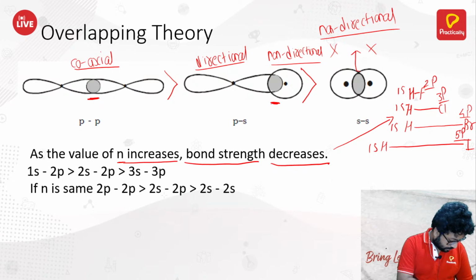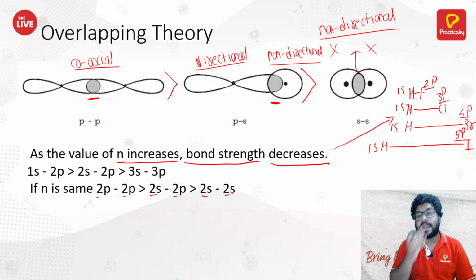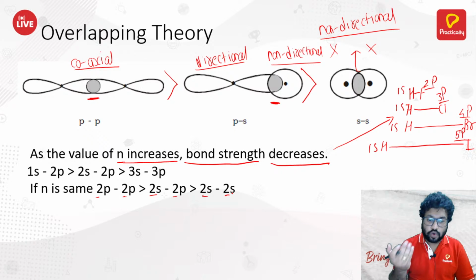Remember this point. Okay, next, if the n is same, n means what? This is your n, second, second, everywhere n is same. If the n is same, then you need to look at the orbital. And as I told you earlier, if the orbital is directional, obviously strength will be more.